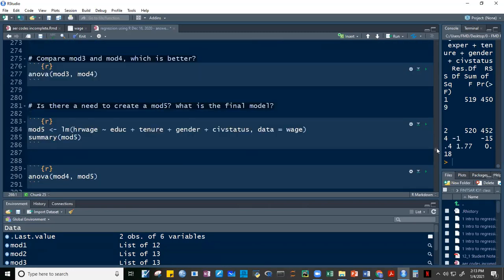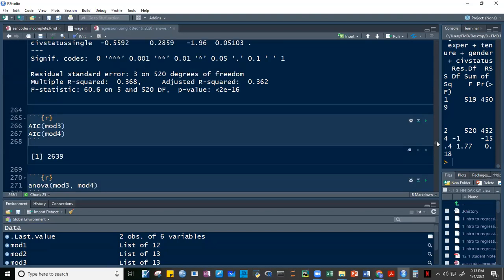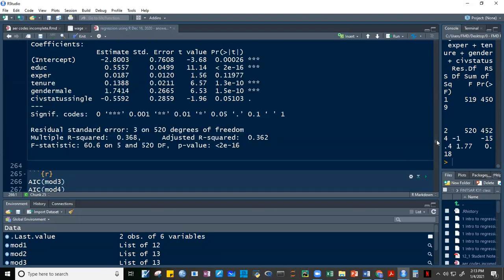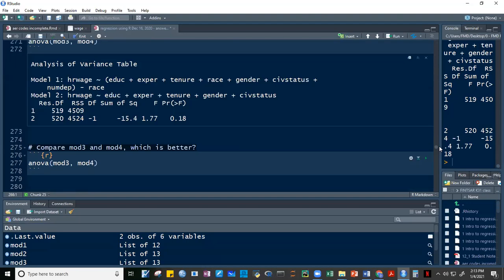Okay, then, tatanggalin natin sino? Sino yung tatanggalin natin, guys? Model number 4 natin, tatanggalin natin si experience, no? Lower t-value. So model number 5 natin, tinanggal natin si experience.